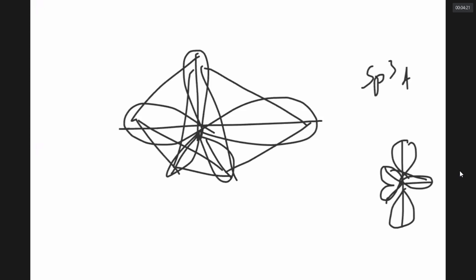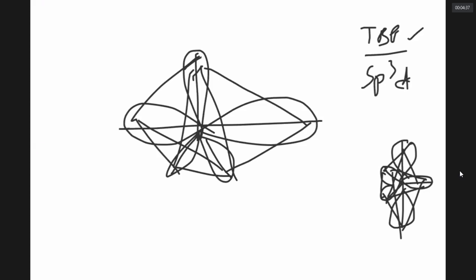This is the vertical diagram, and this is the horizontal diagram. Same thing. If all are bond pairs, the shape is trigonal bipyramidal, TBP.